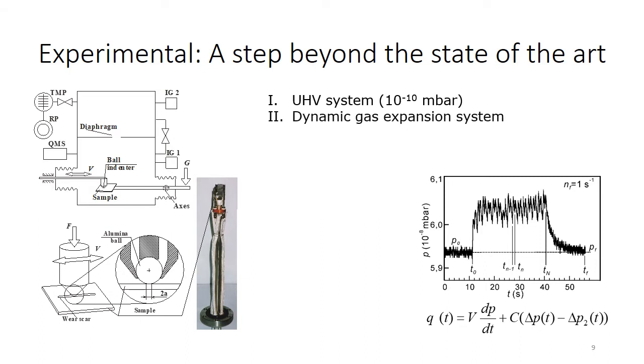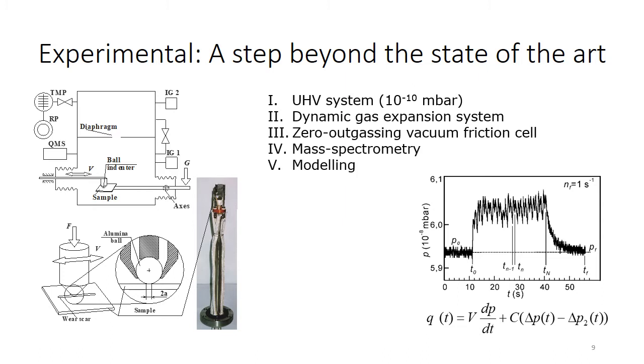The second important part is to use a dynamic gas expansion system. This will allow you to quantify very accurately the emission rates of different gases. So what you really need is the emission chamber where the gases are emitted from the sample subjected to rubbing, and the expansion system separated by a diaphragm with a small orifice, typically several millimeters in diameter, between 8, 10, 12 millimeters.